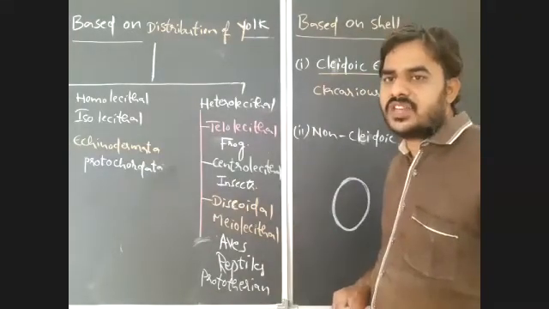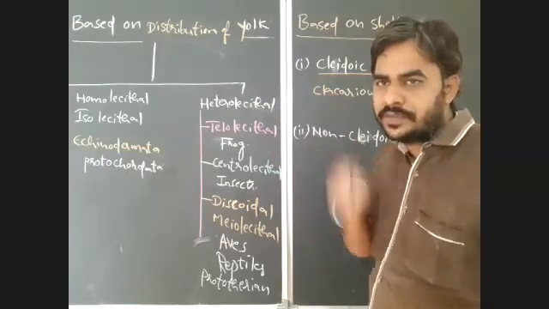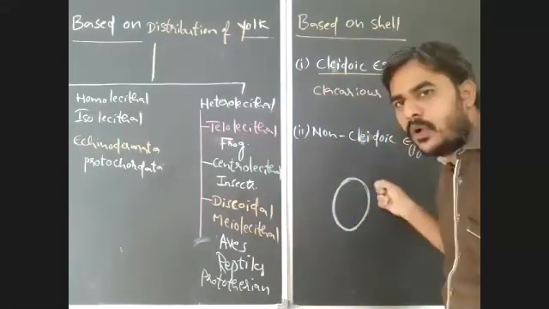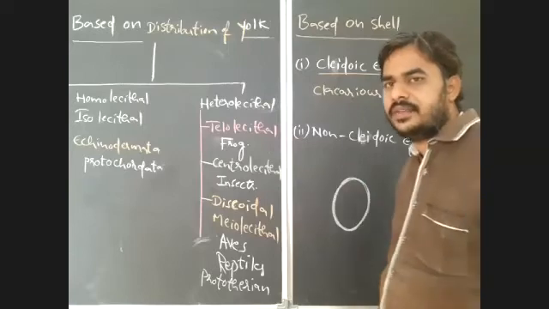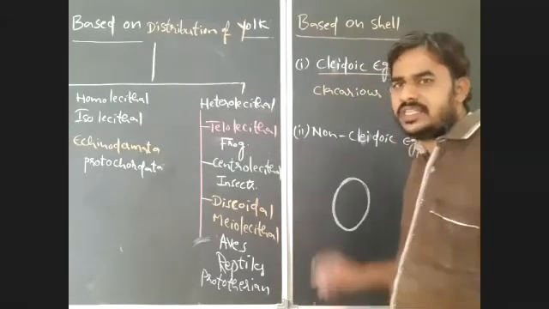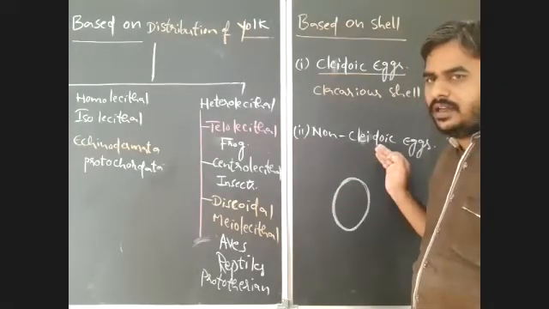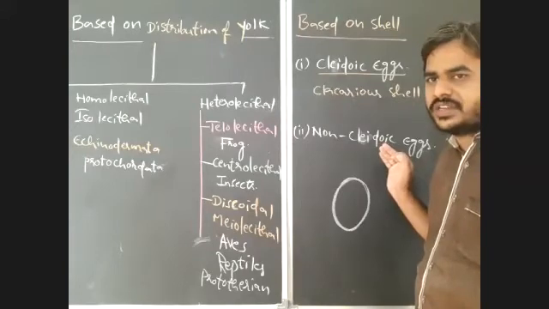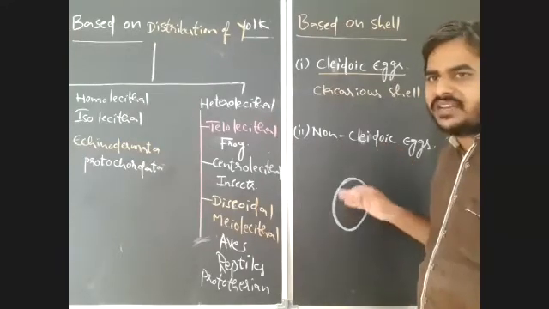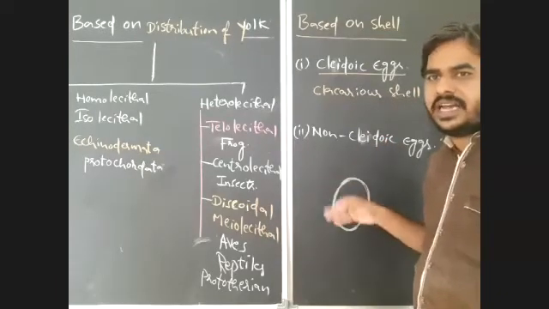What is a porous shell? It possesses minute pores, holes. What is the use of these minute pores or holes? These minute pores or holes are essential for the exchange of gases, that facilitates the exchange of gases between the embryo and the surrounding environment.